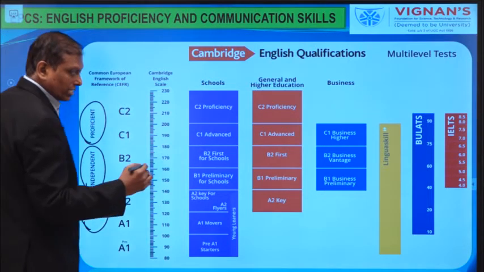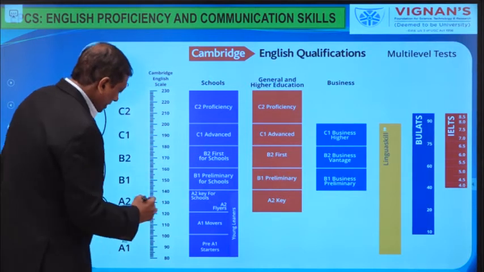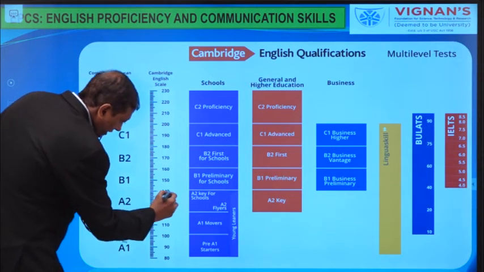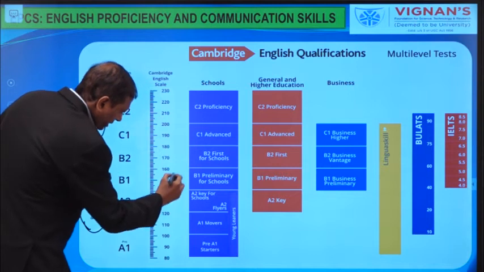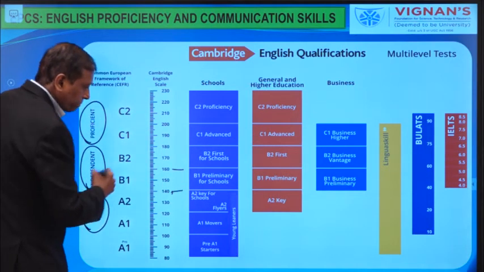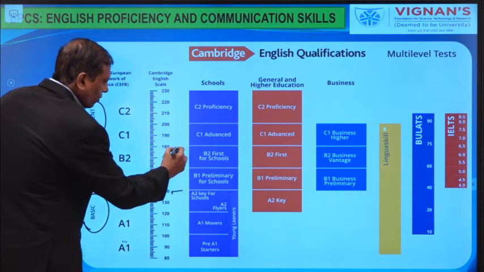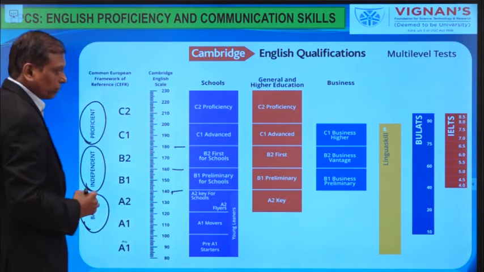And once the examination has been conducted, a student's marks ranging from 140 to 160 would be at B1 level, 160 to 180 would be at B2 level.